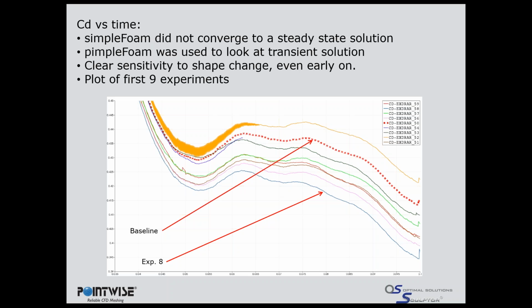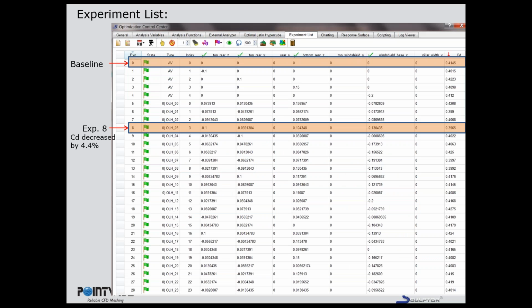So even out to 0.1 seconds, we see that early on there is a definite difference and an improvement with experiment number 8 over the original shape. And this gives us about a 4.5% decrease in the drag as compared to the original shape. So clearly there's a sensitivity to the shape in the drag of this particular model.